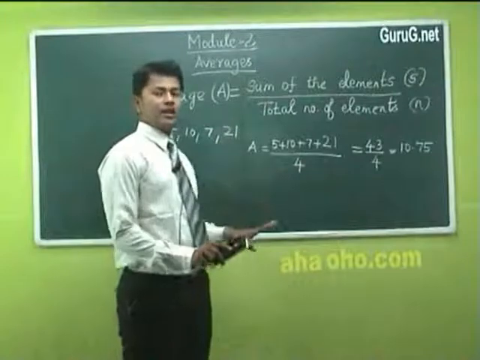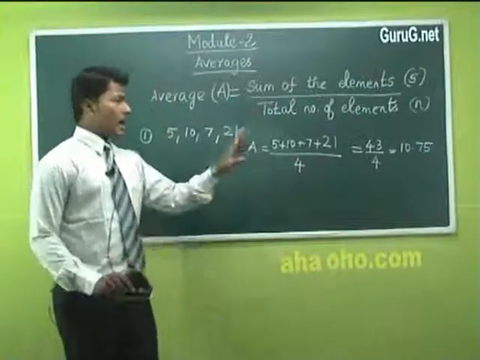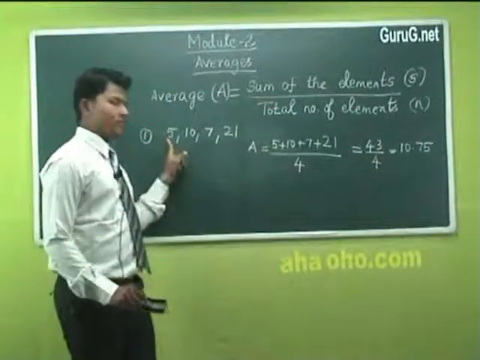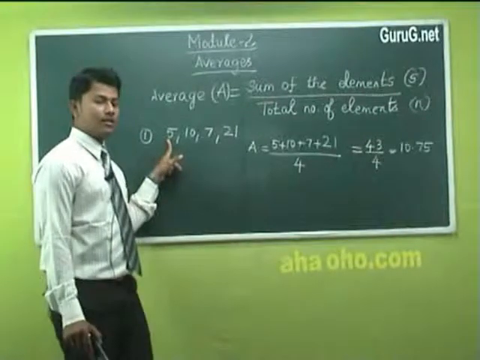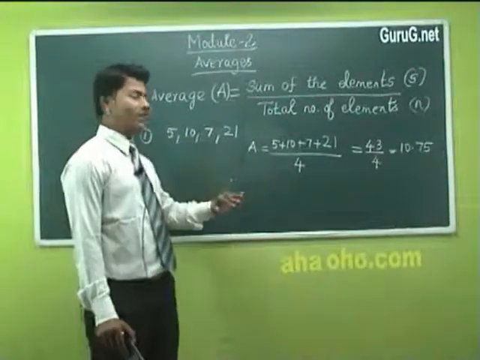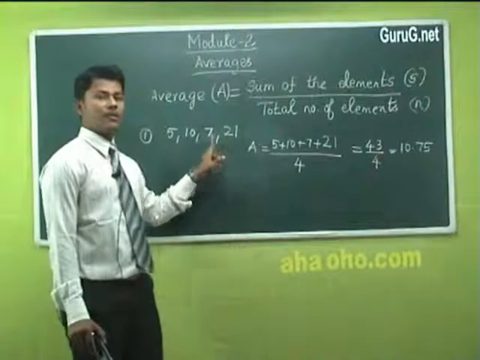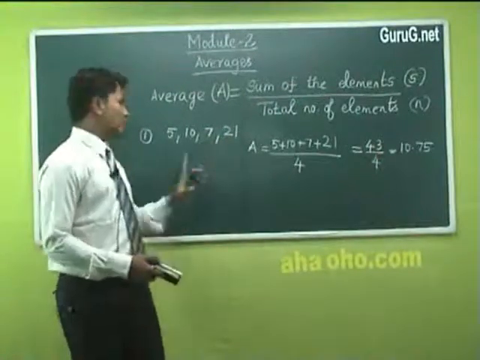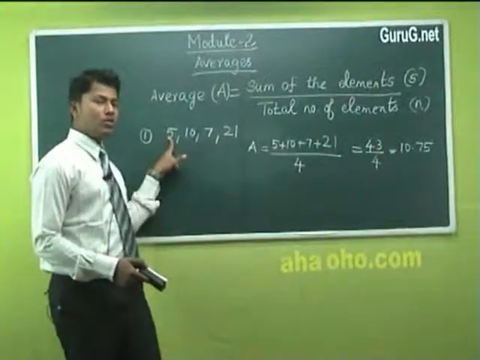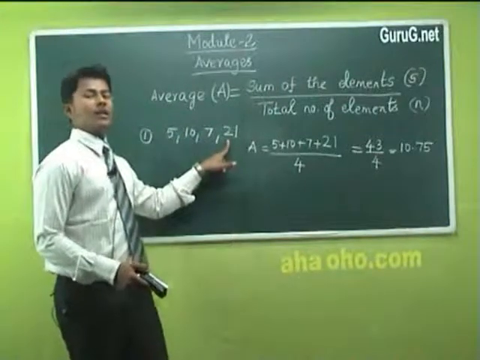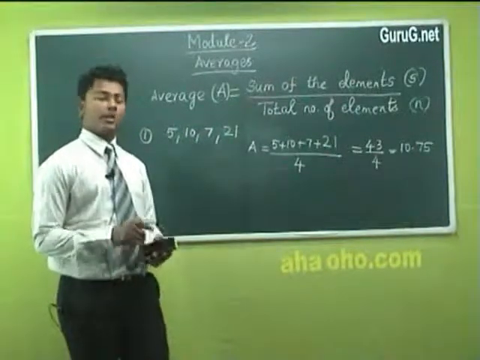So in any case, the average will be greater than the smallest element considered and lesser than the greatest element considered.